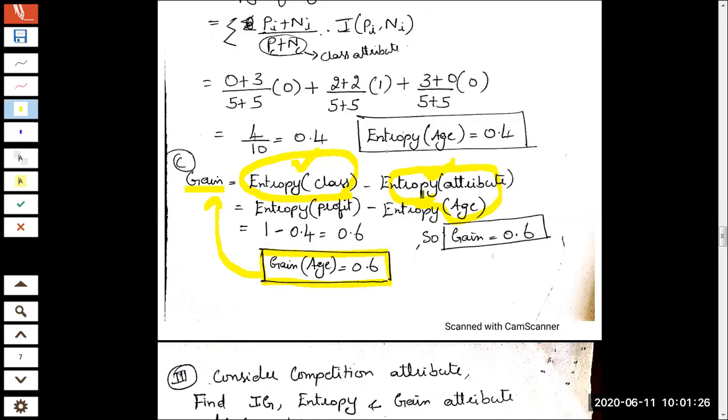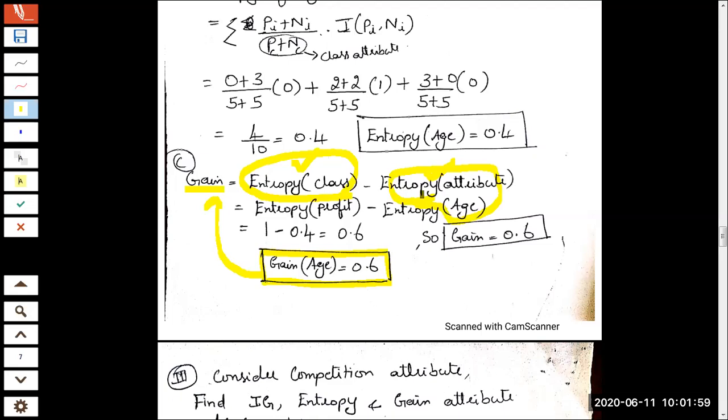Once again I'm reiterating. You should compute gain for deciding which one should be the root node, which should be the intermediary nodes, and at what levels. Gain is the factor which is contributing in a maximum way to reduce the entropy, from a high value nearing 1 to a low value nearing 0.